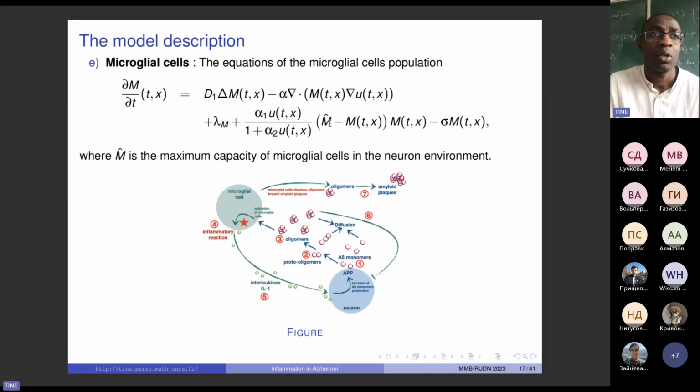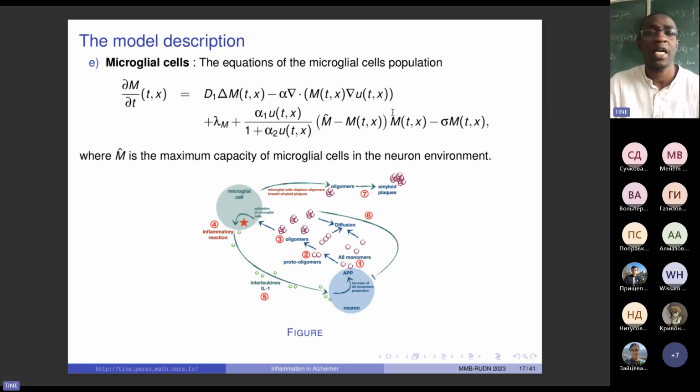And also, we cannot produce an unlimited amount of microglia cells. That's why we have the maximal capacity here. So this is the term for the production, and it is multiplied by m hat minus m, where m hat is the maximum capacity of microglia cells in the neuron environment, right?